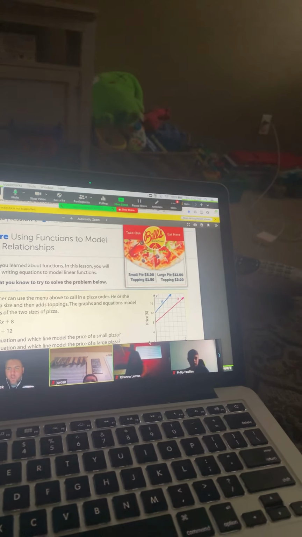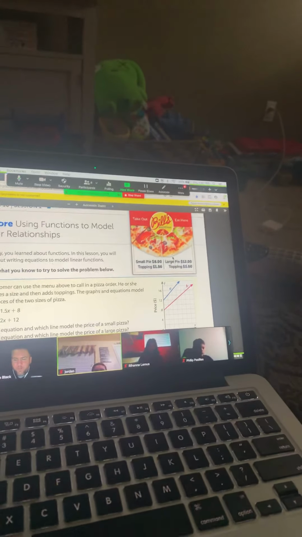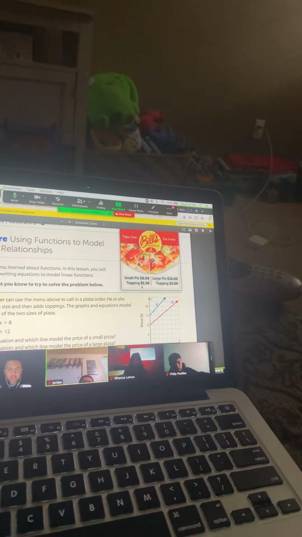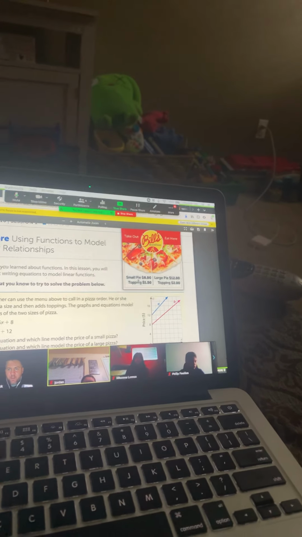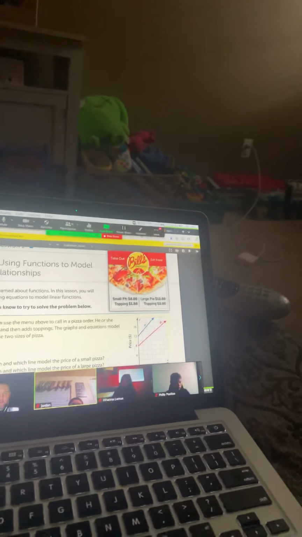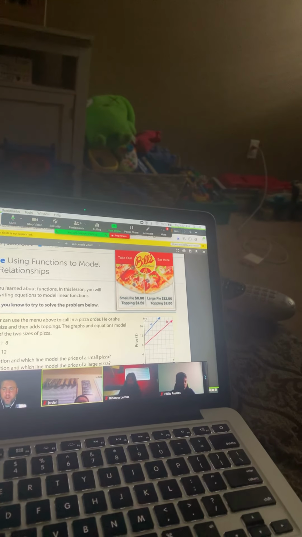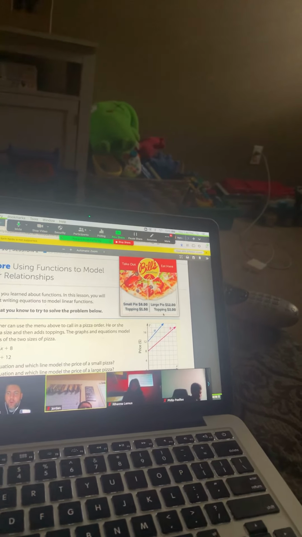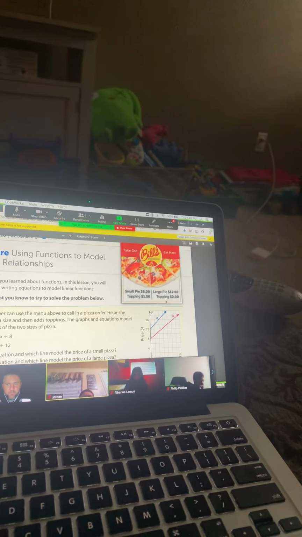It's $4. 12 minus 8 equals 4. And then the additional toppings, right? If you want something other than just cheese, you're going to pay $1.50 on a small pizza and $2 on a large pizza or a large pie.